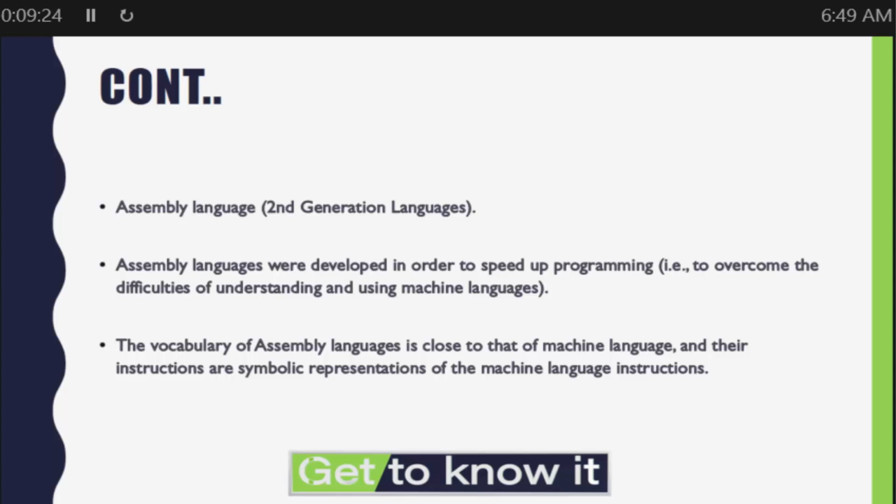So what you'll be writing are just symbols that represent the machine language instructions. Instead of writing in the machine language itself, you'll be using symbols that represent that, and that in a way will speed up the programming process.